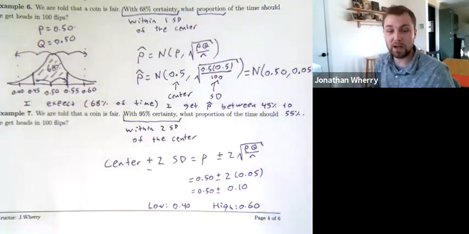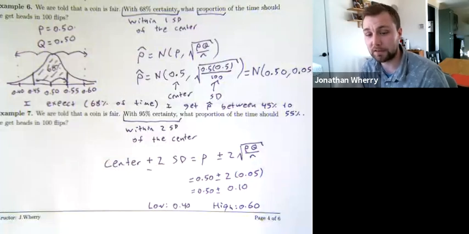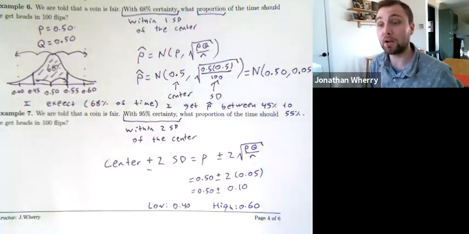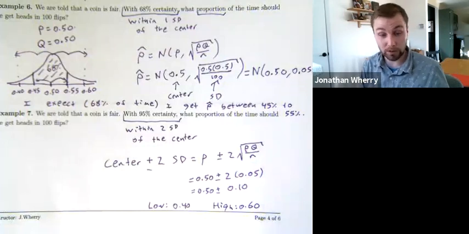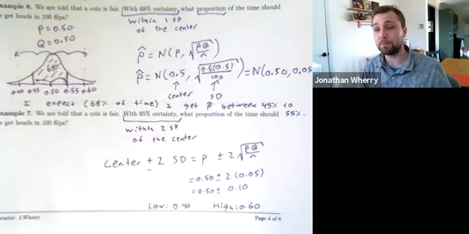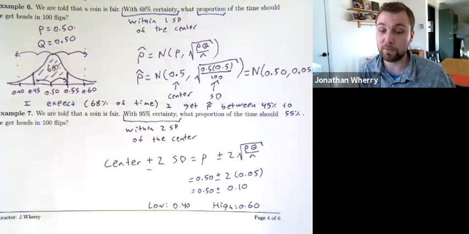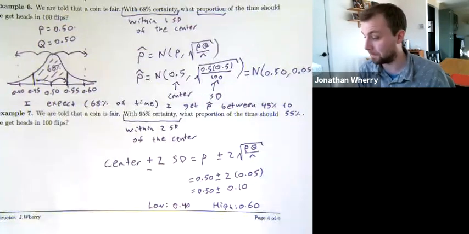So I would say I am 95% certain that I have a success rate between 40% and 60%. I'm feeling a lot better about those odds. Those feel like good gambling odds at this point. Not that I would recommend that, but I am 95% sure that if you flipped a coin 100 times, you would get heads between 40 and 60% of the time.